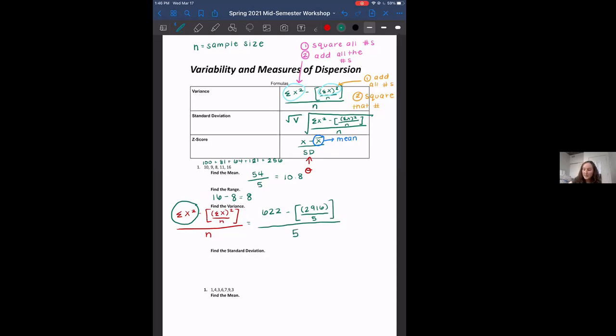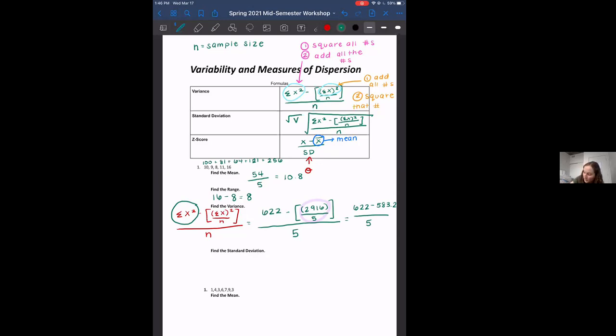So now let's do it step by step. So what is this part? So 2,916 divided by 5. Good, 583.2. Okay, so now what is 622 minus 583.2? 38.8.